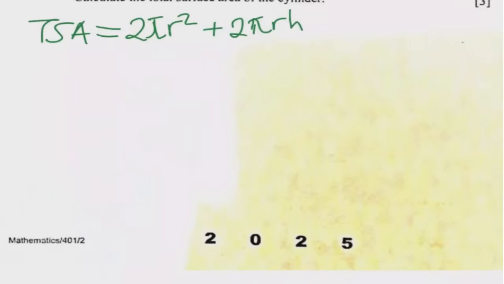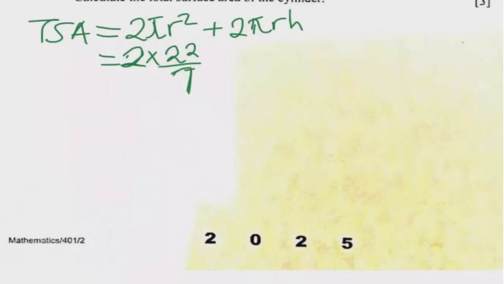That is the formula for the total surface area of a cylinder. Now once we have written the formula, the next thing we do is the calculation. So we say 2 times the pi, which we are told to be 22 over 7.